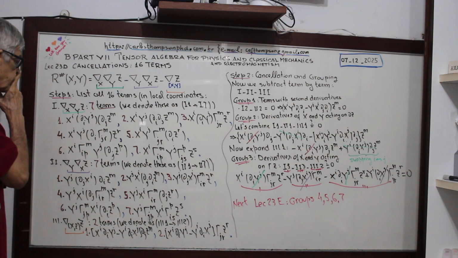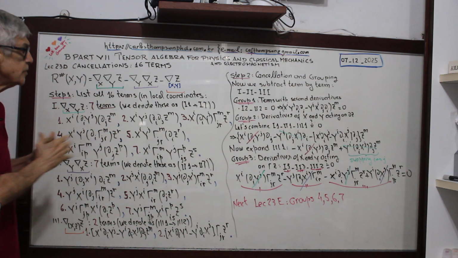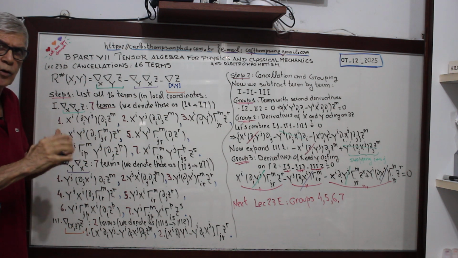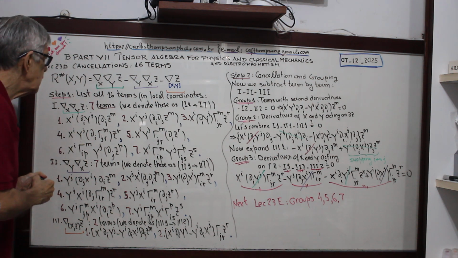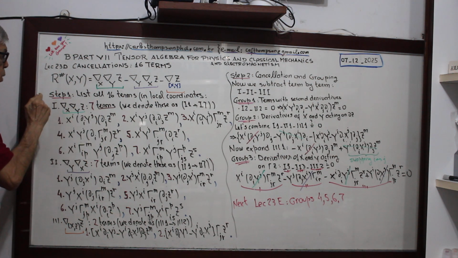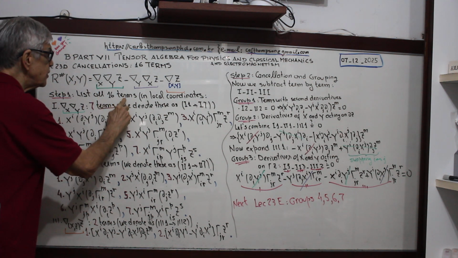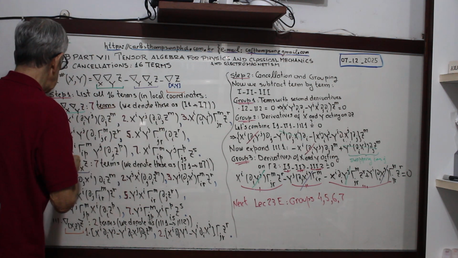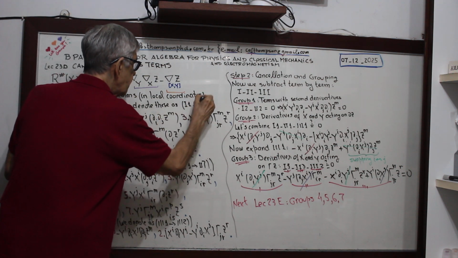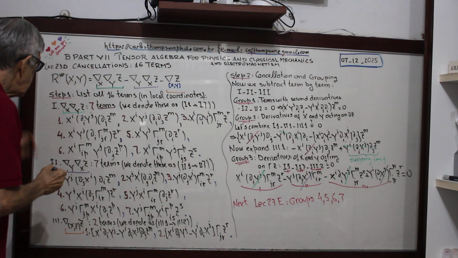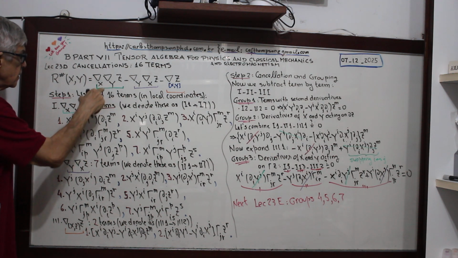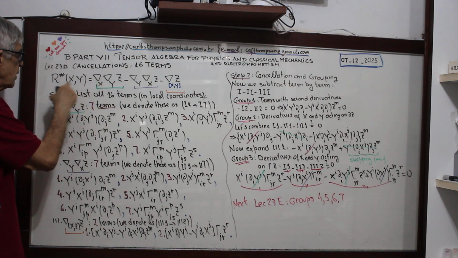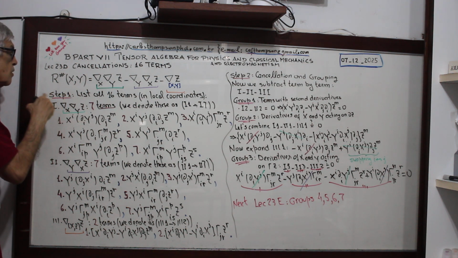First, to organize clearly what these cancellations are, in step 1, I list all 16 terms in local coordinates. Here, number 1, this green one, is the first term of the Riemann curvature.